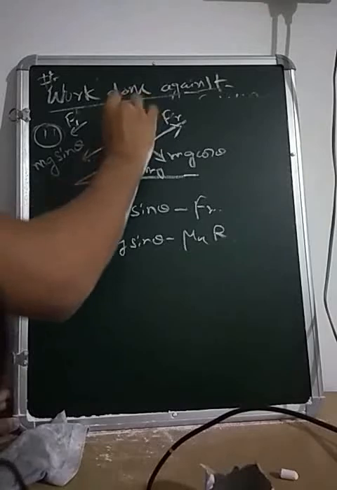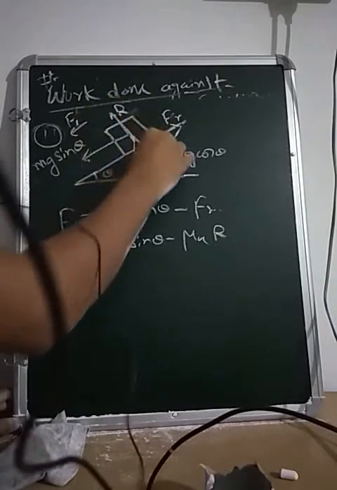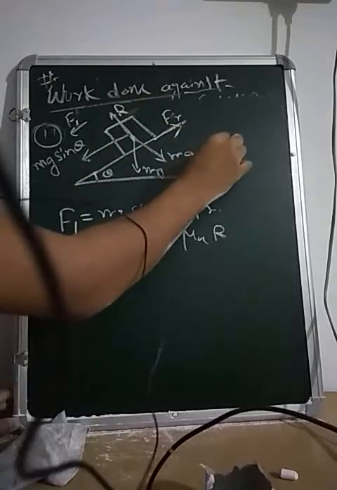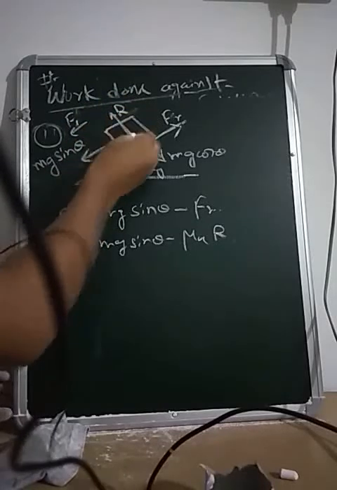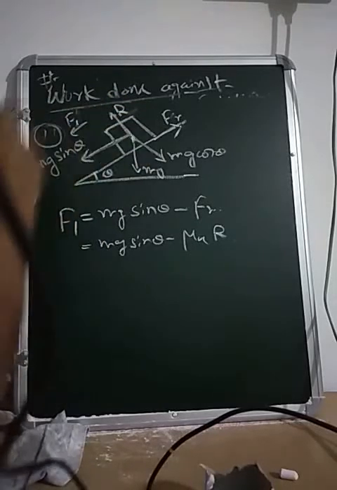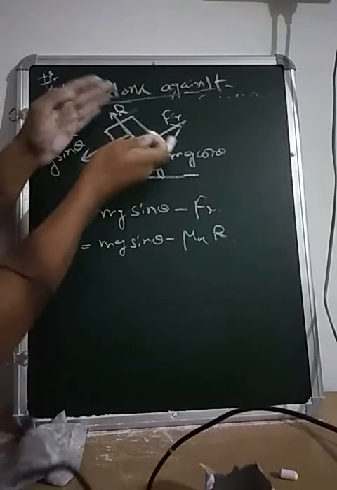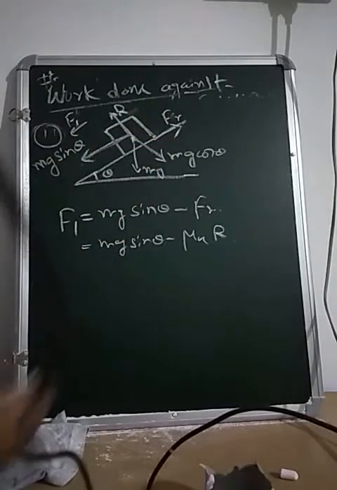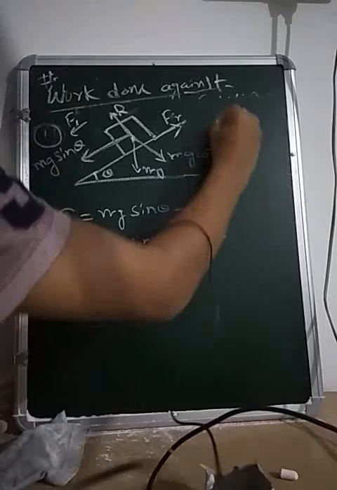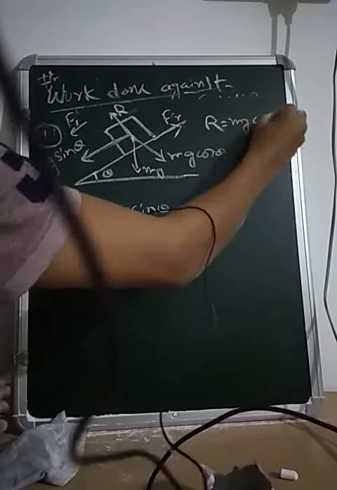See in this figure, these two forces, R and mg cos theta, will cancel each other because the body is sliding only in this direction. There is no movement of the body in the upward or downward direction. So the normal reaction R and the component mg cos theta are balanced, so we can write R equals mg cos theta.